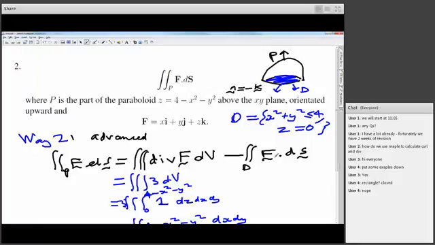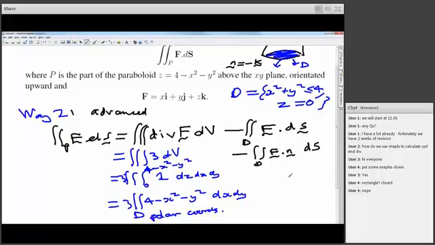And so this we can think of as being f dot n integrating over the surface area, and because it's in a plane, that's going to be really nice for us. So f dot n would be just the z value times minus 1 ds.